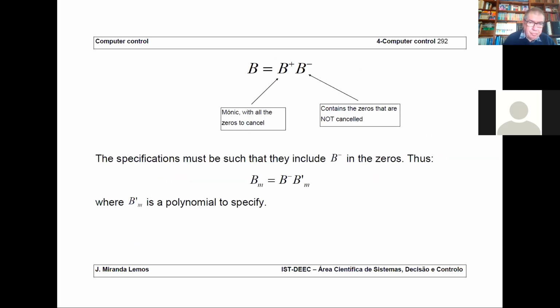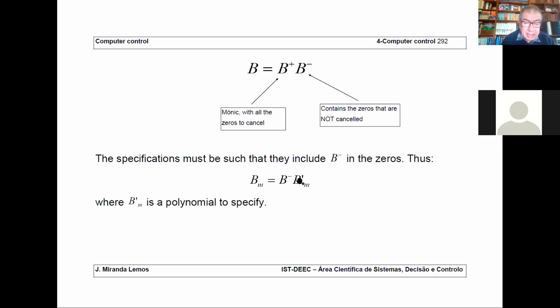Now, if you don't want to cancel the zeros in B minus, when you specify your closed loop, you must say that these zeros are there. So your Bm, which contains your specification of the zeros, must be a product of B minus, the zeros that you cannot cancel, so they must be there, you are not allowed to say that they are not, plus some B prime m.